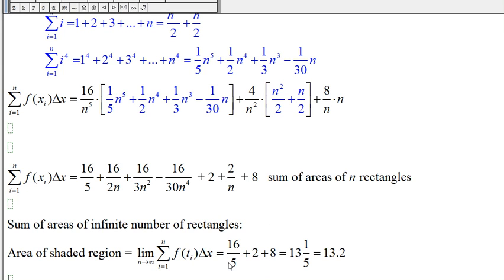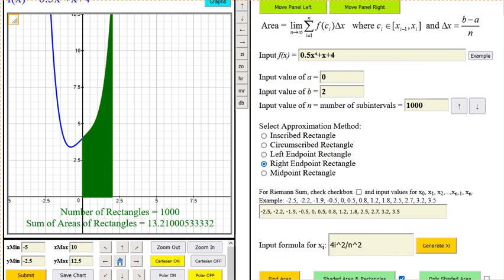And then adding these numbers together, we get 13 1/5, or 13.2. And so the exact area of the shaded region is 13.2. Now look back at our graph, our shaded region.